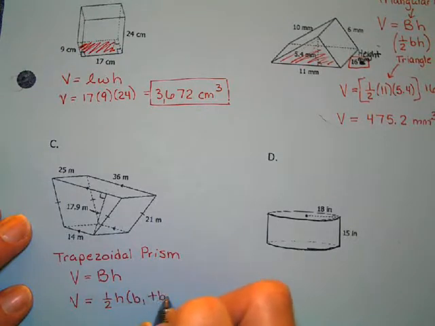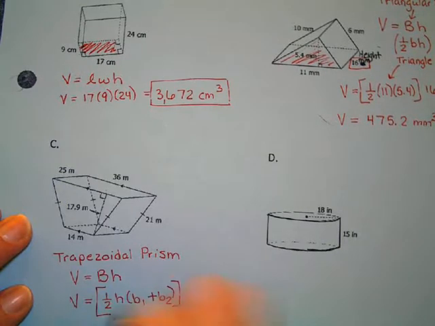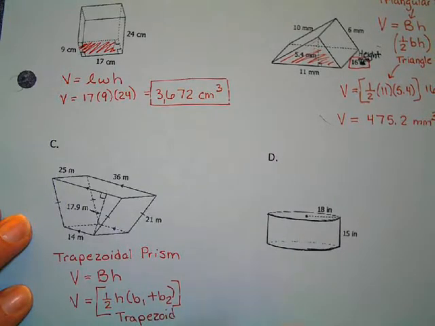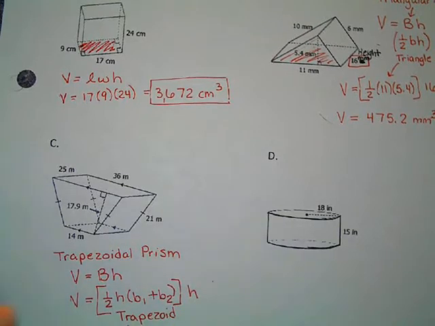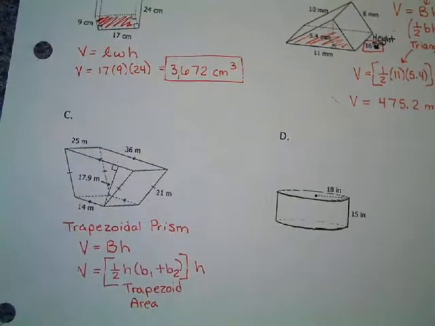So I'm going to put that whole thing like in a bracket or parentheses to show that part's the trapezoid. And then you have this H out here that represents how far apart are the trapezoids. Okay, so let's try this.